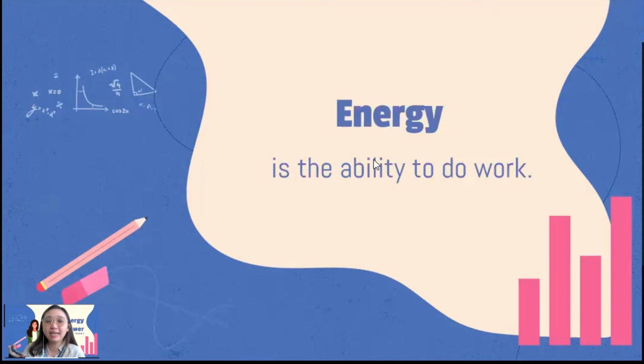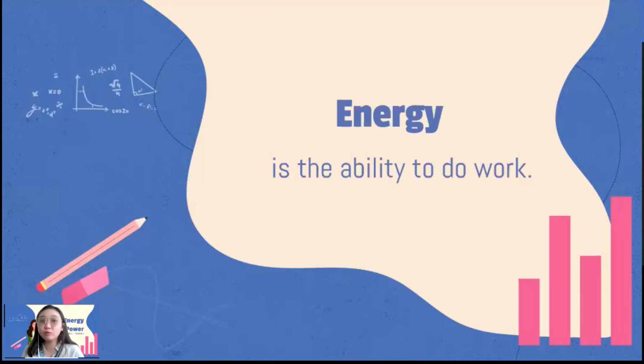Mechanical energy has two classifications: potential energy and kinetic energy. What is the difference between them? Potential energy is the energy at rest, while kinetic energy is the energy in motion.